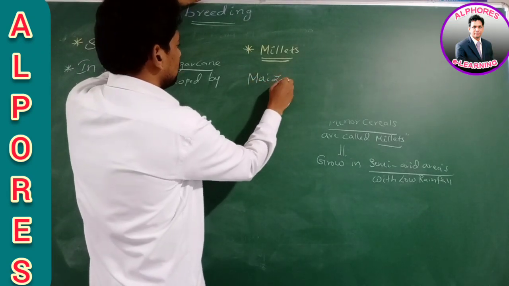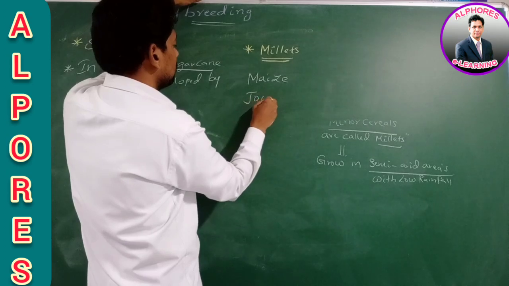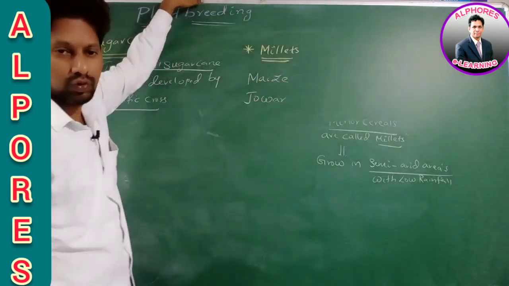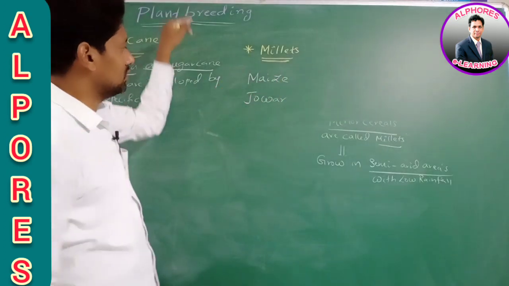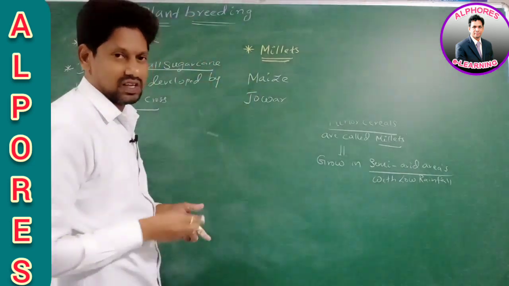Maize, jowar. What is the first example?